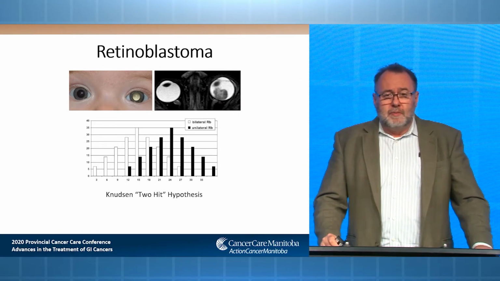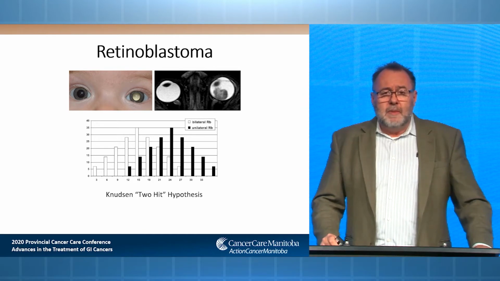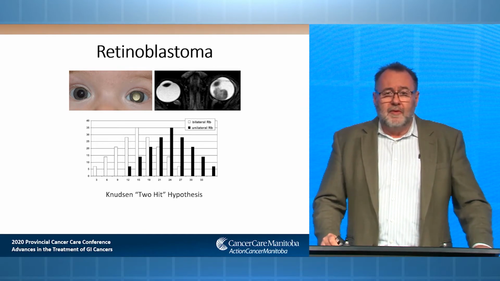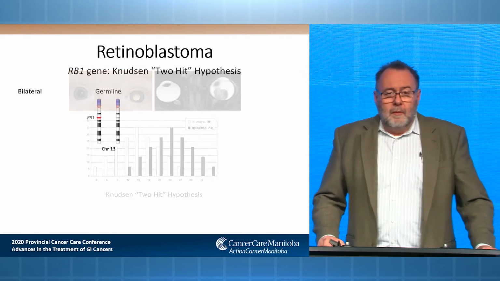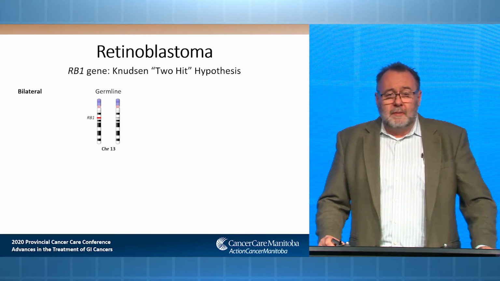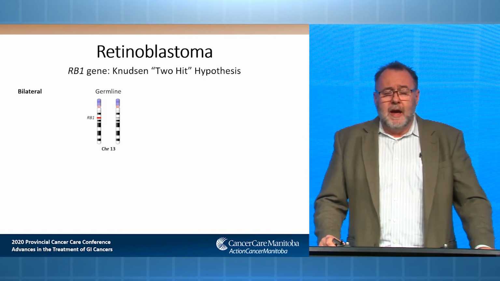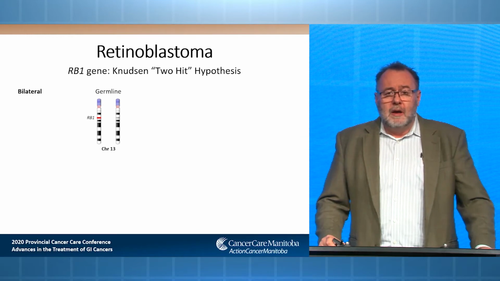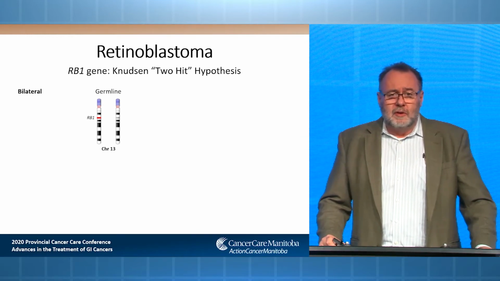The original tumour suppressor that was studied many, many years ago and really defined the field is the gene that causes retinoblastoma. Retinoblastoma is caused by a mutation in the RB1 gene, and the study of this disorder led to what's known as the Knudsen two-hit hypothesis, one of the most important concepts we have in germline and hereditary cancer syndromes.